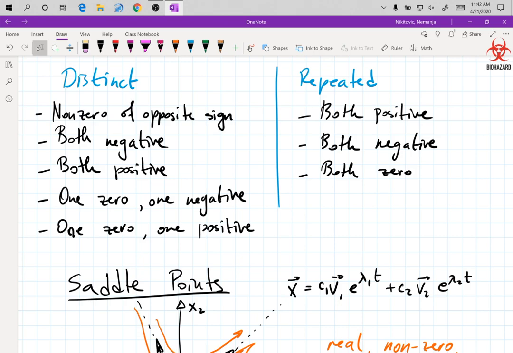Now, the repeated eigenvalues, both positive and both negative, they are going to go in as a, I think it was called a proper source, and I'm just going to really quickly look into it.